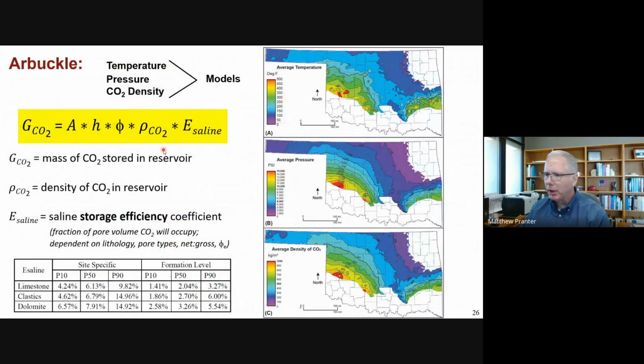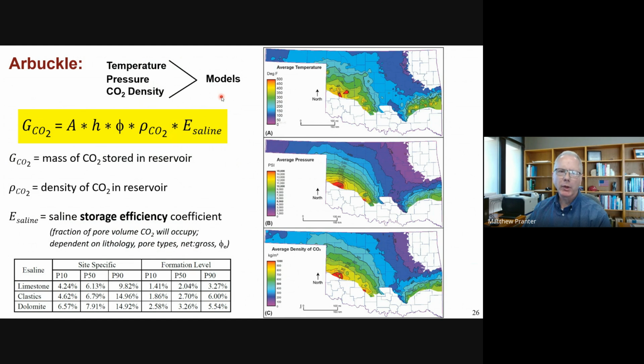So then at this point, we have basically all these terms here filled in for our equation, that we have enough to calculate pore volume. And so to estimate CO2 density, we need estimates of temperature and pressure versus depth.